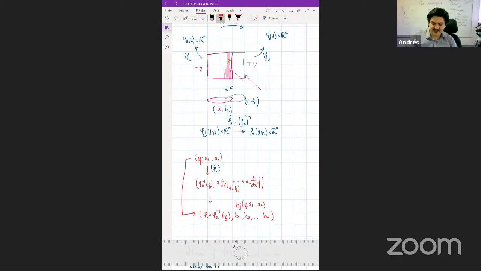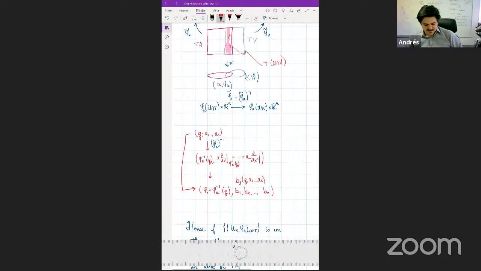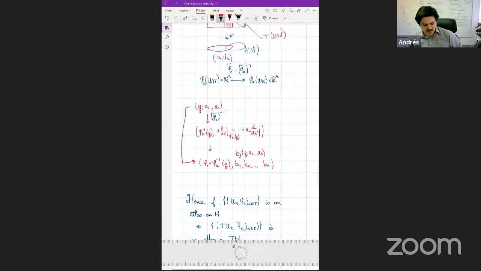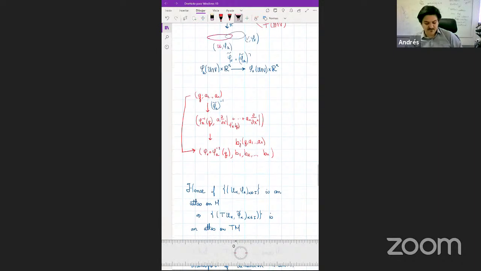This is precisely T of U intersection V. So in this way, what we have proved is that if I have an atlas of M, then this is going to be an atlas on TM.